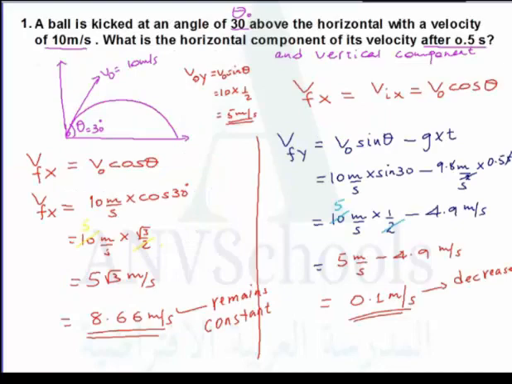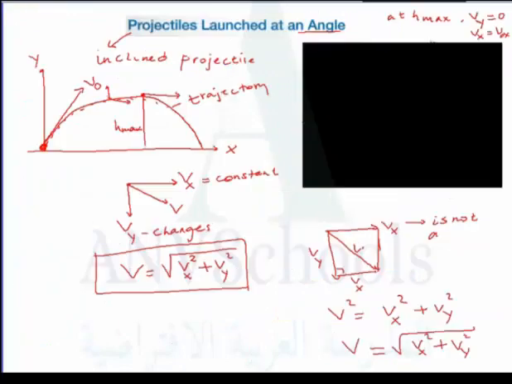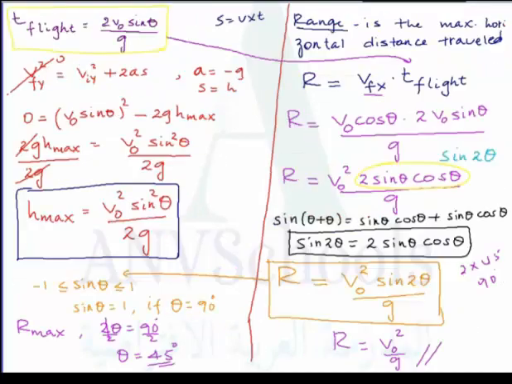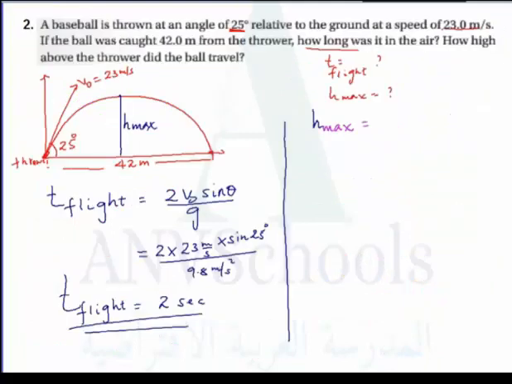The maximum height is V naught squared sine squared theta divided by 2g. That is the maximum height that the ball can reach.